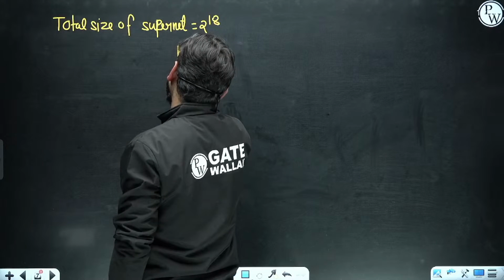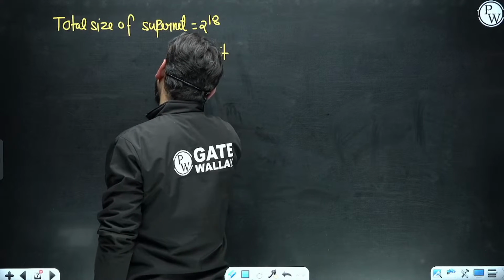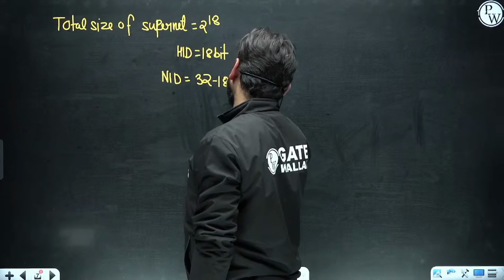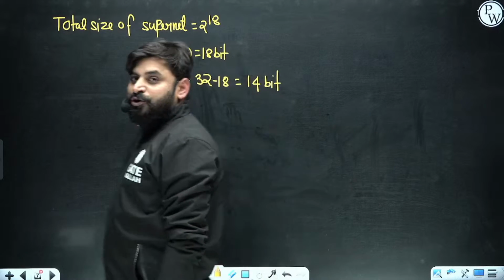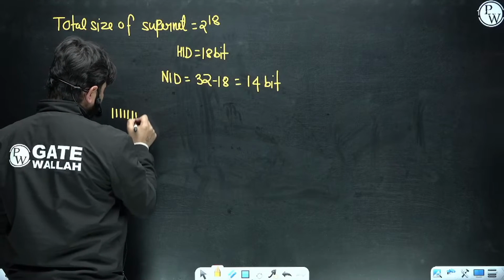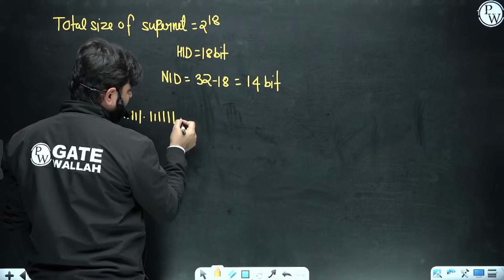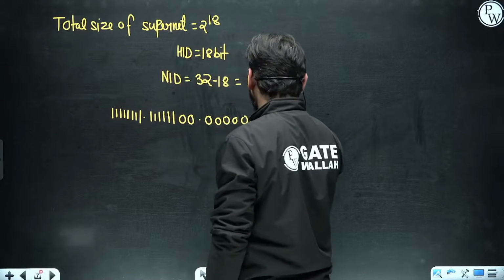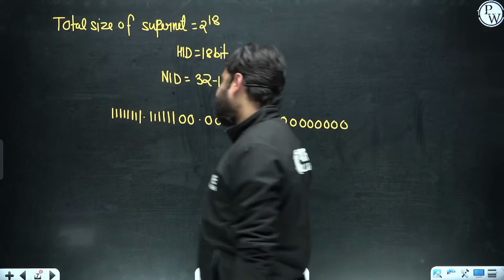If total size of supernet is 2 power 18, host ID has how many bits? 18 bits. So network ID has how many bits? 32 minus 18, which is 14 bits. So the supernet mask has 14 ones: 8 ones, then 6 ones, then zeros.